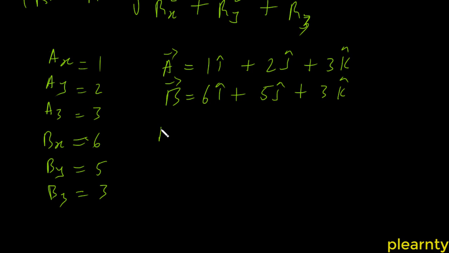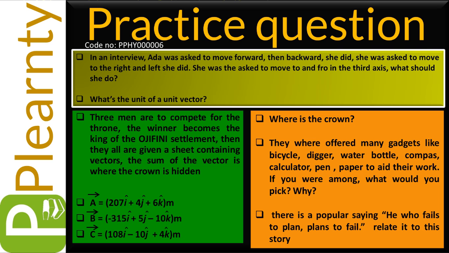Then R would be equal to 1 plus 6, 7i plus 7j plus 6k. That's it. So practice those questions, they would help you a lot.